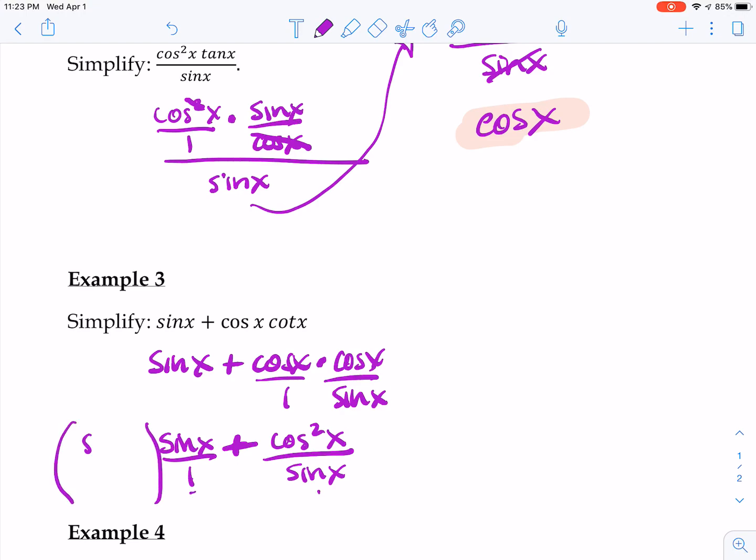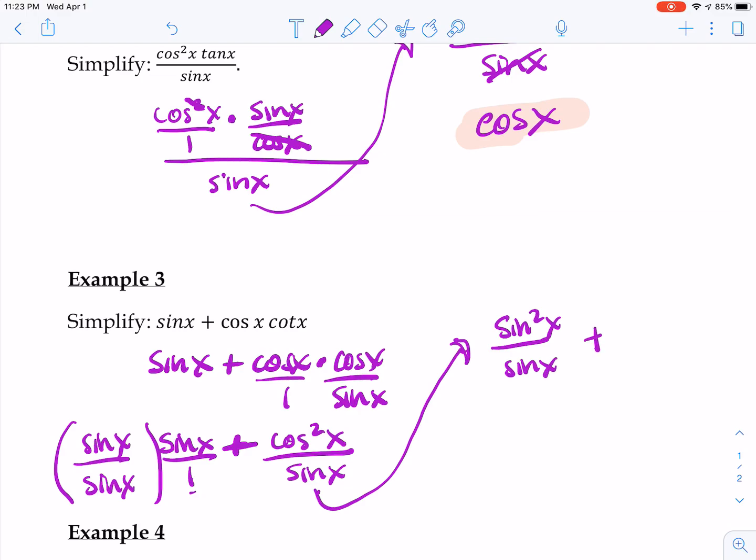So I'm going to multiply this by sine x over sine x, which is my clever form of 1. And on top, I'll get sine squared x, and that's still over sine x, plus cosine squared x over sine x. Well, now I have my common denominator, so that's sine squared x plus cosine squared x over sine x.